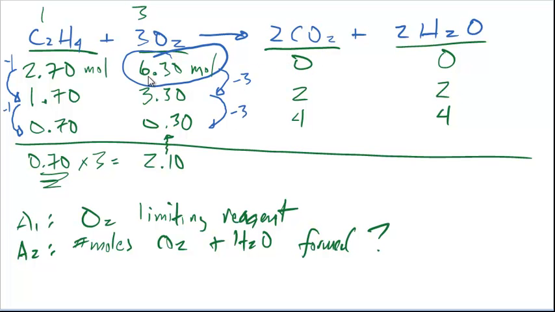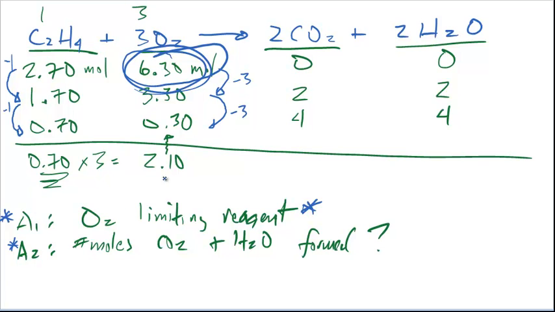The first thing you have to do is determine which one of those reagents is the limiting reagent. Because once you've determined that, then that is the amount on which you base the calculation to answer the second question. How many moles or how many grams of the product do you need to have?